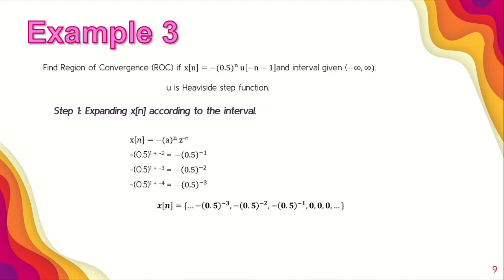So we get the general equation x(n) equals negative a to the power of n z to the power of negative n, and then we substitute 0.5 into a and solve this equation according to the interval given, and we will get x(n): negative 0.5 to the power of negative 3 up until negative 0.5 to the power of negative 1, 0, 0 and 0.